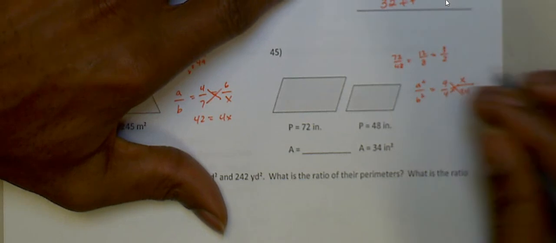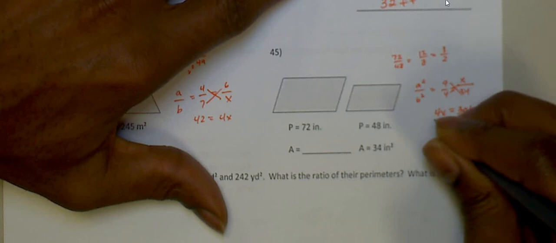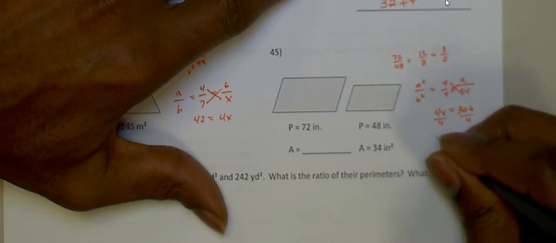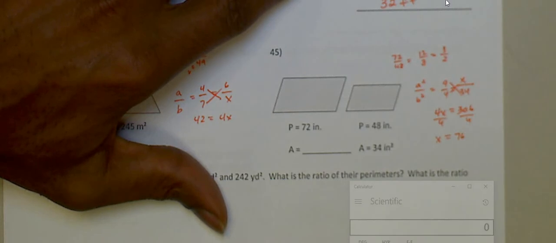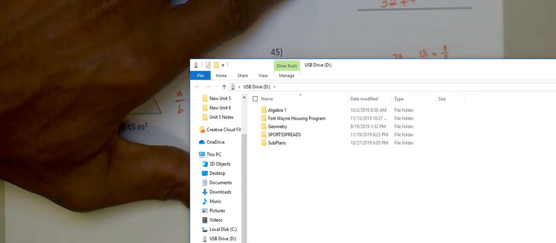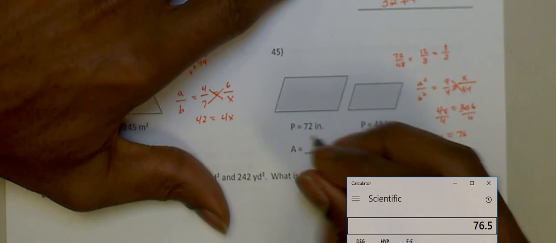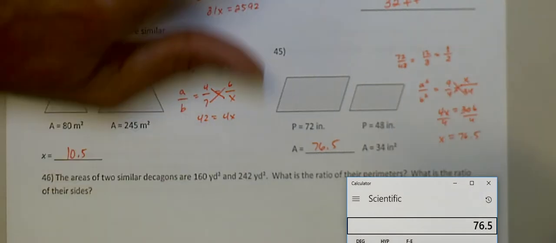Yes, 306. 4x equals 306. Divide by 4. 76 and a half. Okay.